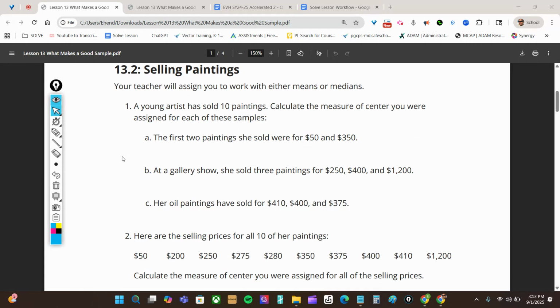All right, so let's go ahead and basically I'll do that in class. Probably half the room do medians and the other half do means, or I'll indicate the sections.